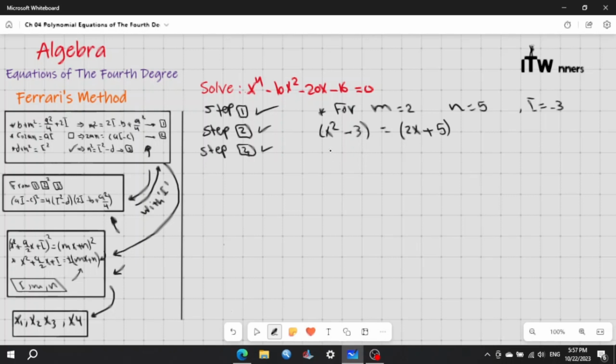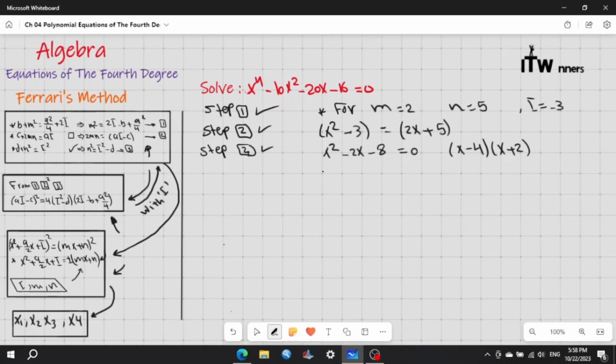So we have x squared minus 2x minus 8 equal to 0. Here we have (x minus 4)(x plus 2).